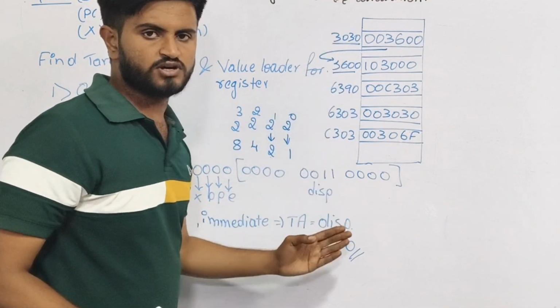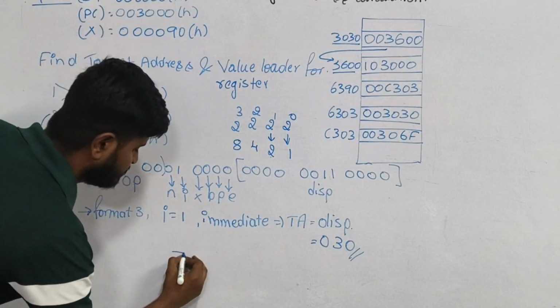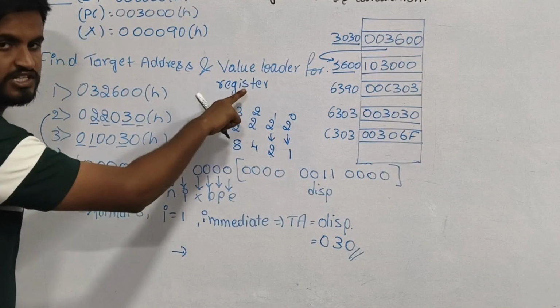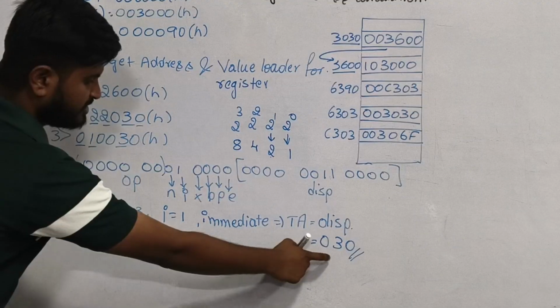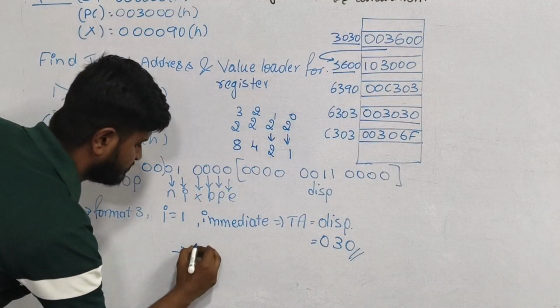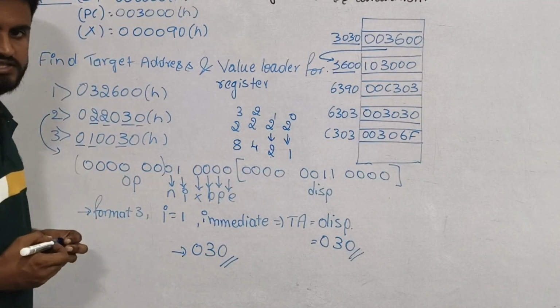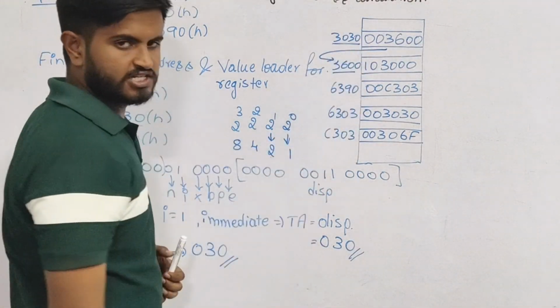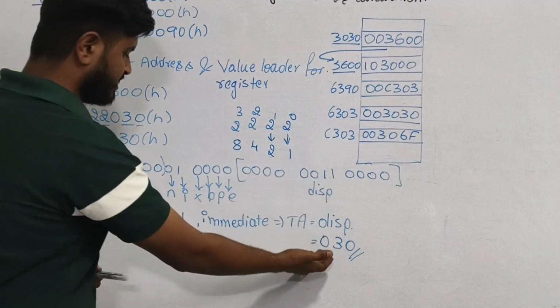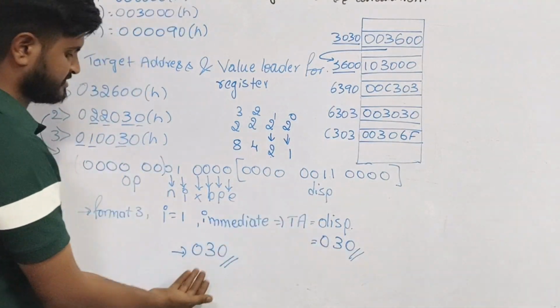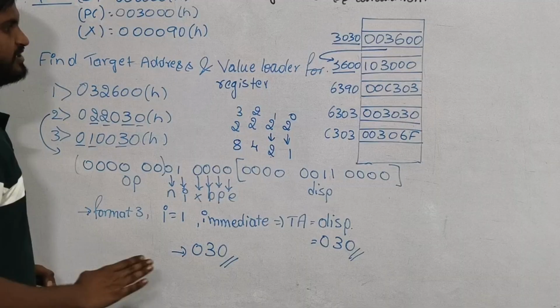Here 030 is not there. So you can conclude that the value loaded into the register for the third problem will be equal to the target address itself, that is 030 in the immediate addressing mode. Since there is no location to find its address, you can directly write the target address as the value loaded into the register itself.